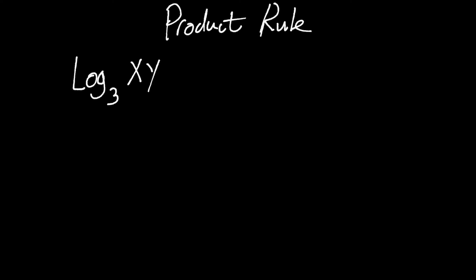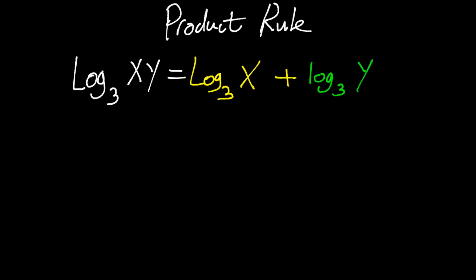If I have the log with base 3 of x times y, notice right here is multiplication. I'm multiplying the x times the y. So I can rewrite this using that product rule. This is going to equal the log base 3 of x plus the log base 3 of y.